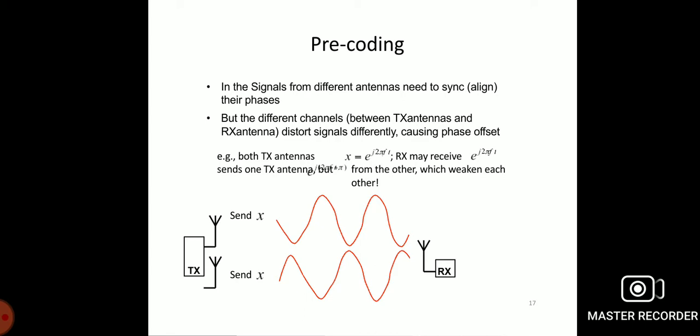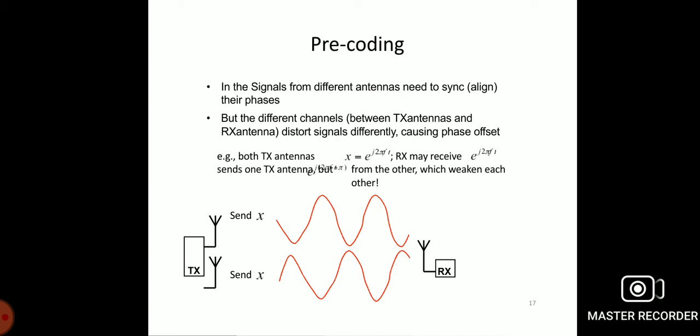So this is a multiple input, the transmitting antennas are x1 and x2, and the same set of signals will be transmitted through different phases on a different time and frequency of the channel. On the receiver side, there is only one receive antenna to receive the signals x1 and x2.